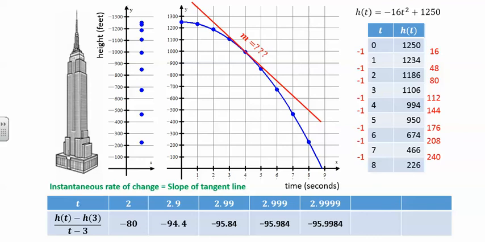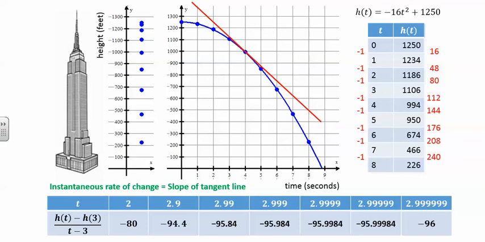Now, even though the difference in time may seem imperceptible, the ratio of the change in position to elapsed time is very meaningful, and it's getting closer and closer to -96 as the change in time gets ever smaller. By the time we get to 2.999999 seconds, or 1/1,000,000th of a second difference in time, the average velocity isn't exactly -96 feet per second, but the calculator can't tell the difference between the actual value and -96.